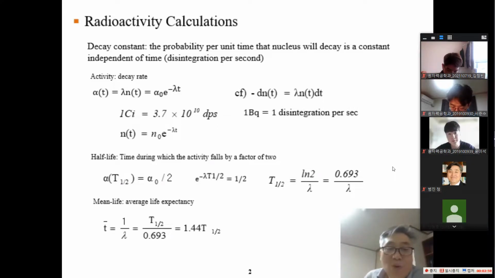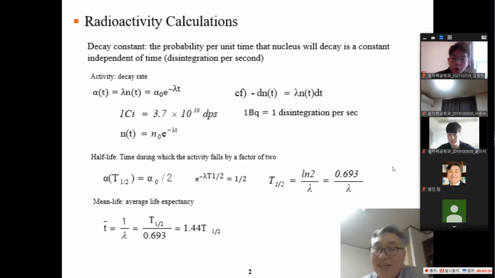So alpha 0 means the activity at time 0. Let's think about this in the balance equation. At time t, the number that disappeared is lambda N. Because it disappears, there is a minus sign.